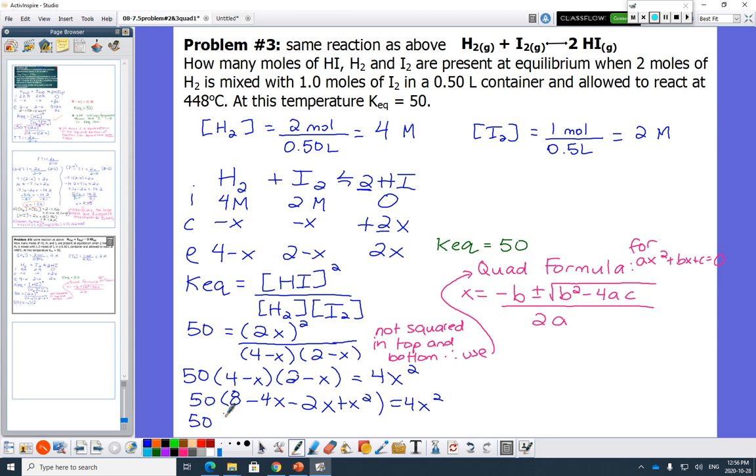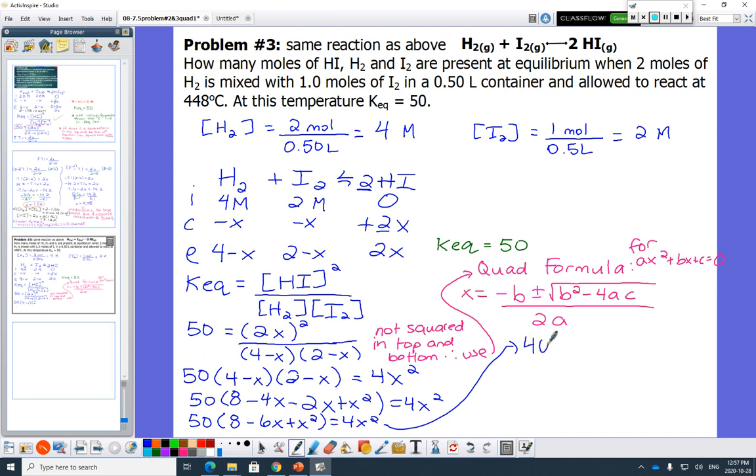You can simplify first if you want. I'm going to do all the collecting up here. So now you distribute the 50.